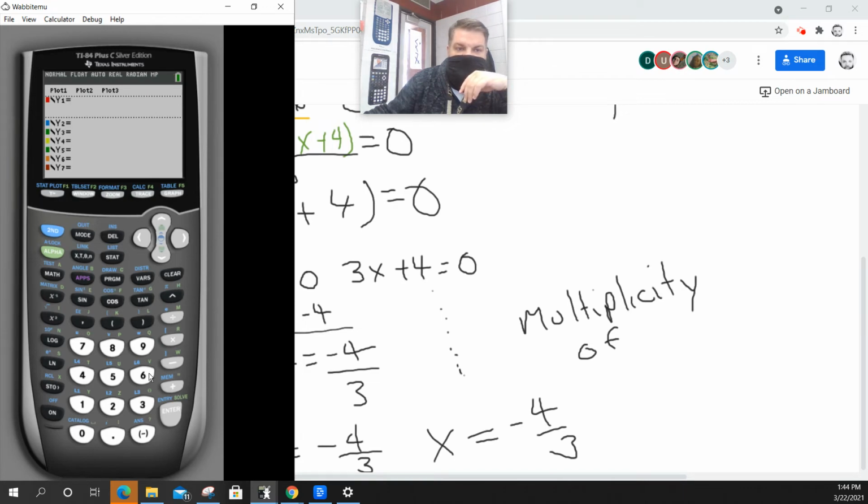I'm going to clear all this out, and I'm going to say 9x squared plus 12x plus 16. Now, when I graph this, I'm just graphing whatever was set equal to 0. This is going to touch the x-intercept at x equals negative 4 thirds.